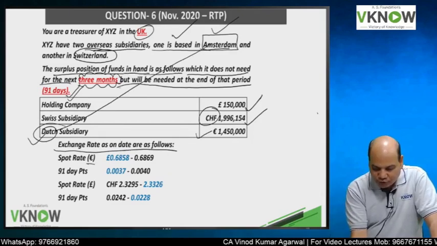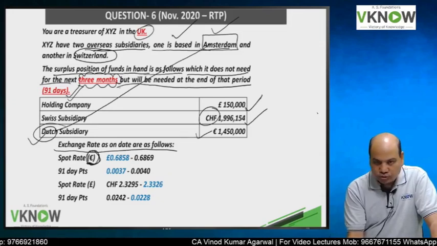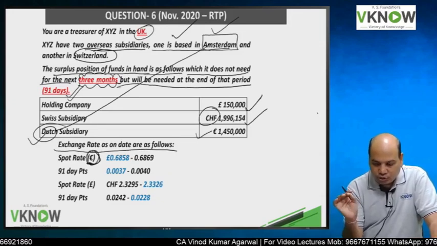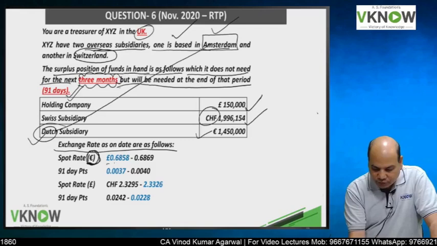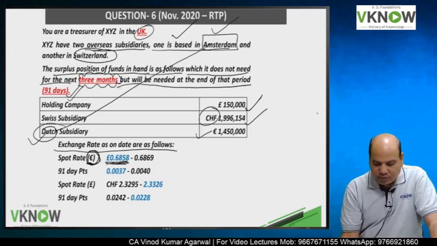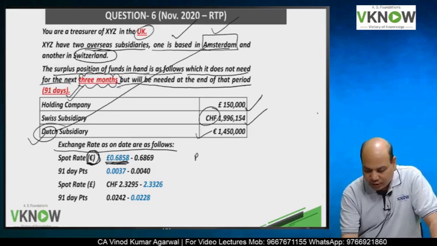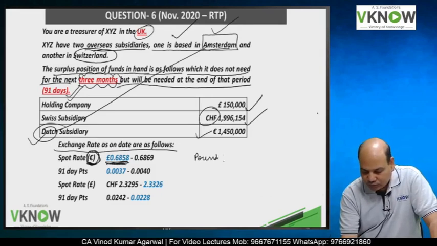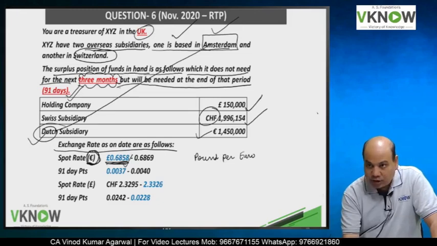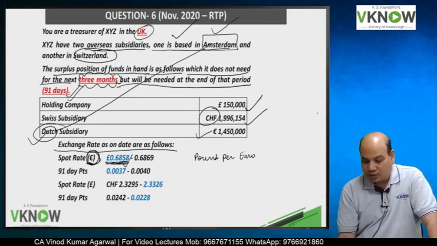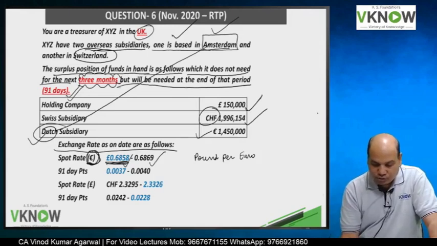This exchange rate is given for which currency? Euro. It is the spot rate for euro, given in terms of pound, so it's basically pound per euro. This is the buying rate and this is the selling rate.